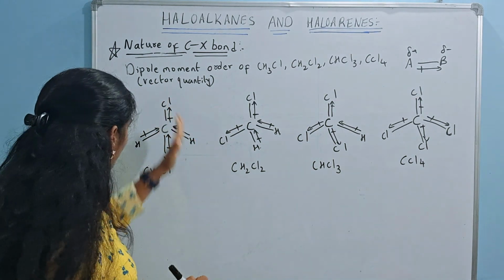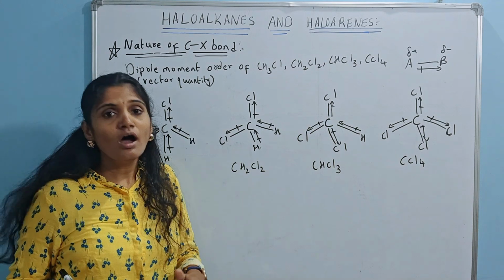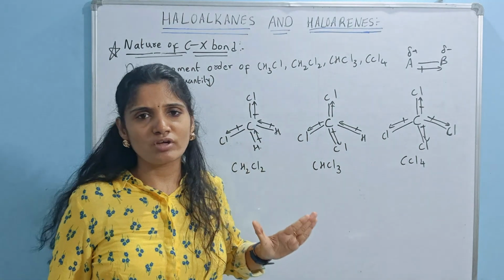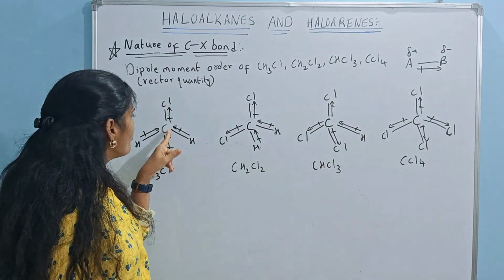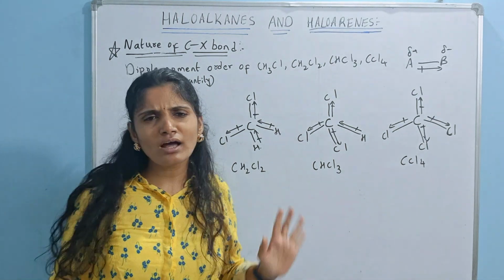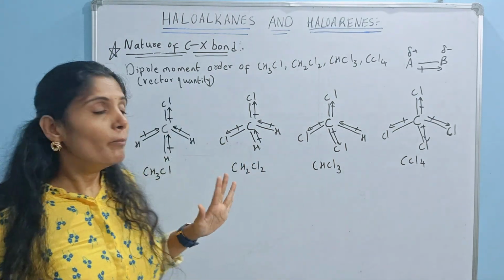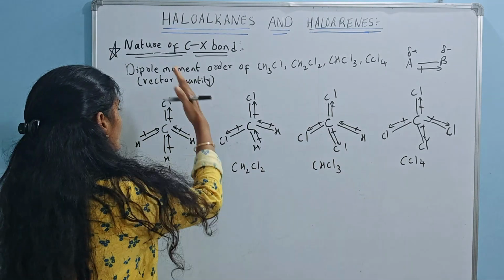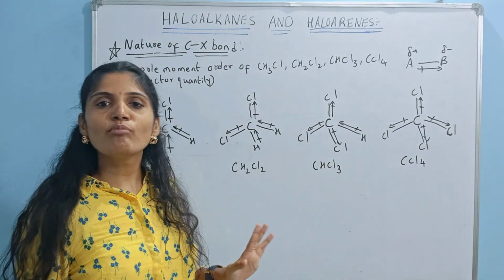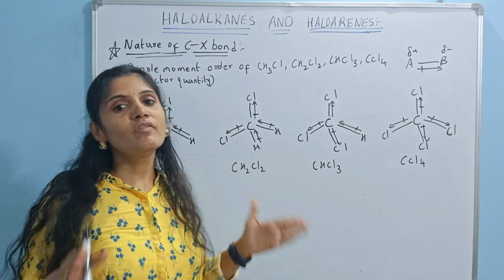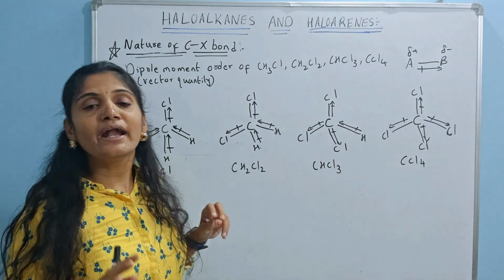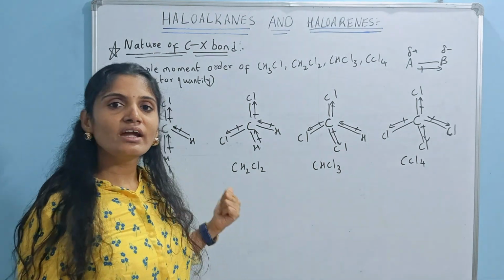People might think that the carbon hydrogen dipole moment might be a little less than the carbon chlorine dipole moment. It is true, but all the dipole moments are going in a single direction, so cancellation of dipole moments will not happen. All the vectors get added up.